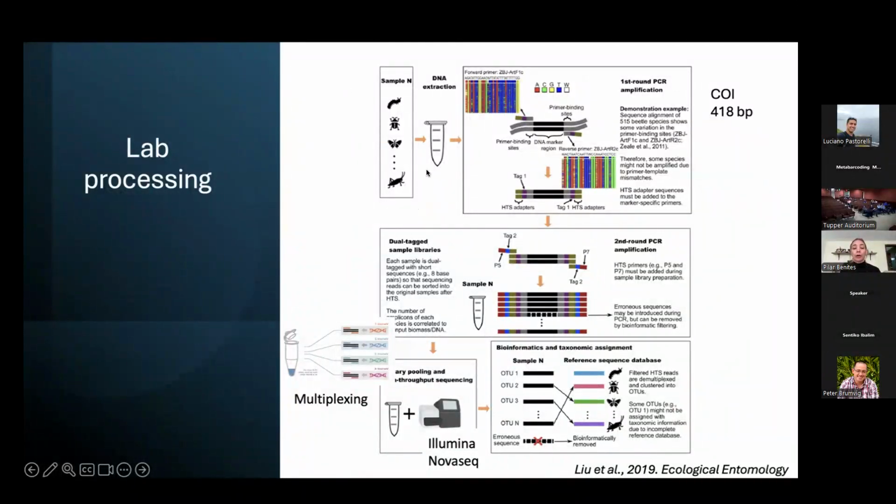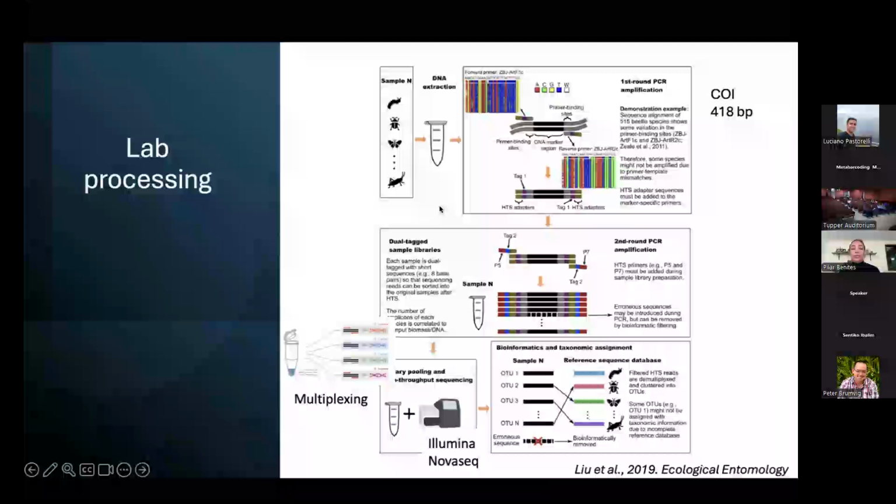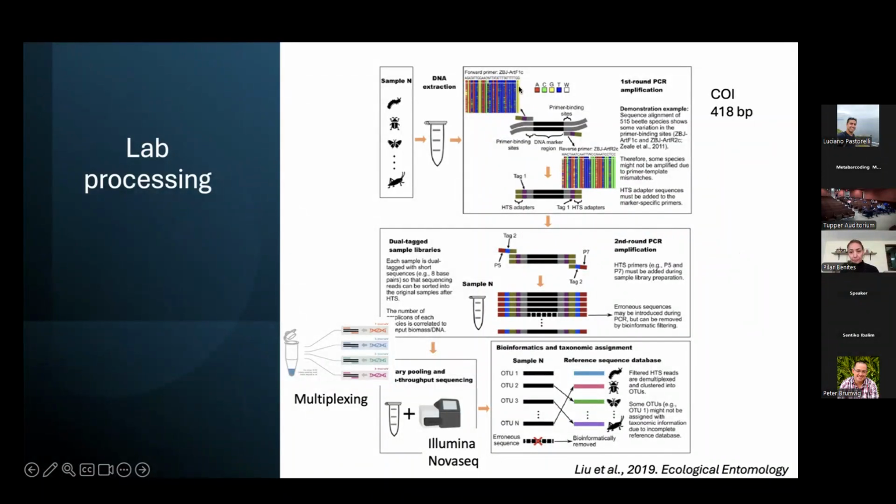So we had our bulk sample, we extracted DNA, we amplified by PCR CO1 in our case, since we're working with animals. We targeted a 418 base pair sequence. We ligated adapters and barcodes. We multiplexed and sent these samples to sequence at Illumina NovaSeq.